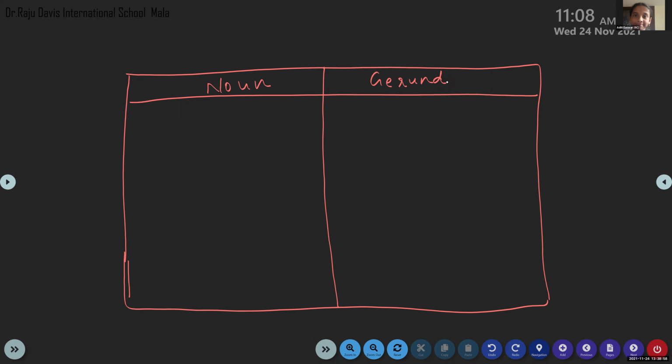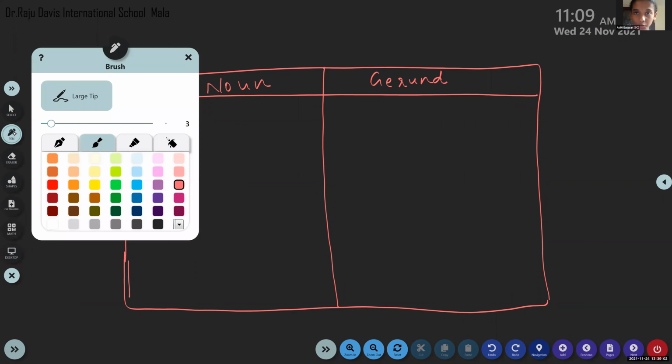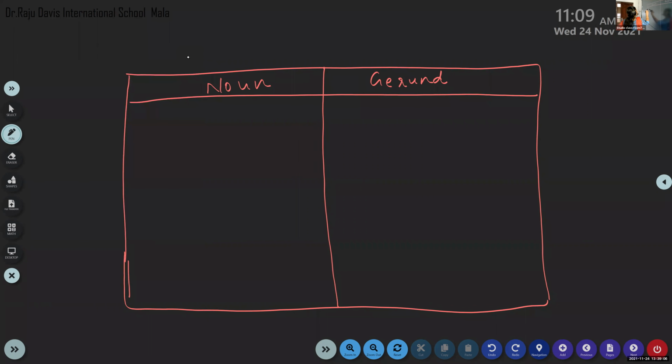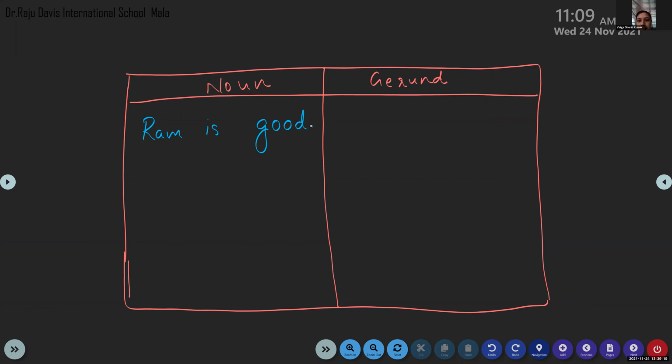Sentence number 1. Ram is good. Can you identify a noun used here? Ram. This is the subject. If it is a subject, you know this is a noun, right?